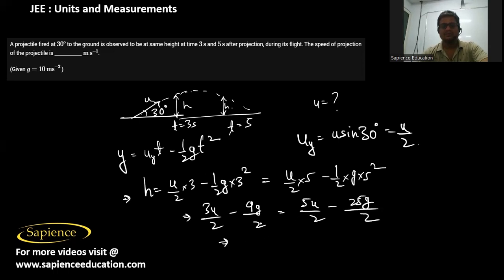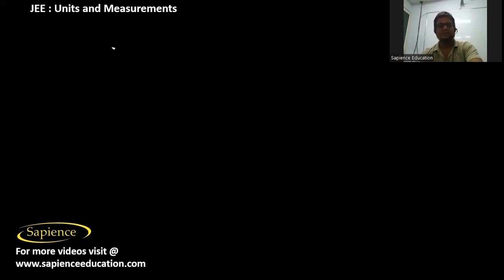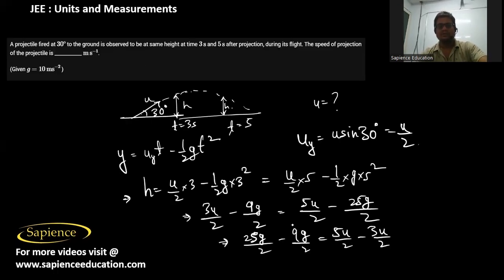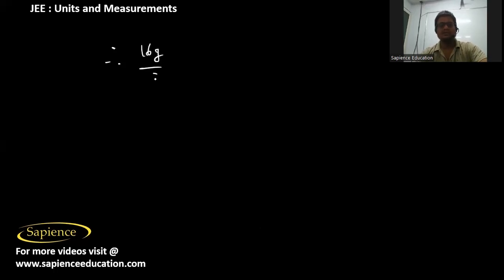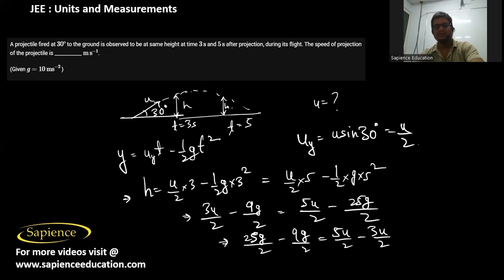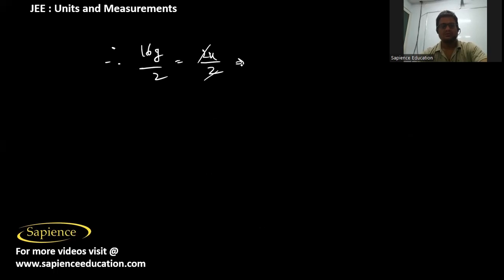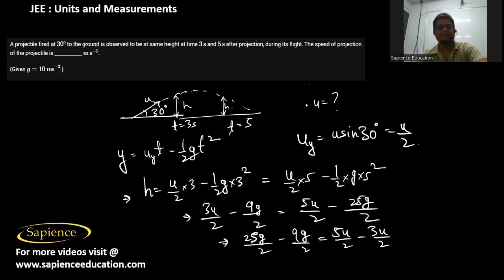So this will be 25g by 2 minus 9g by 2, equal to 5u by 2 minus 3u by 2. So 25 minus 9 is 16, 16g by 2 is equal to 2u by 2, so u equals 8g.